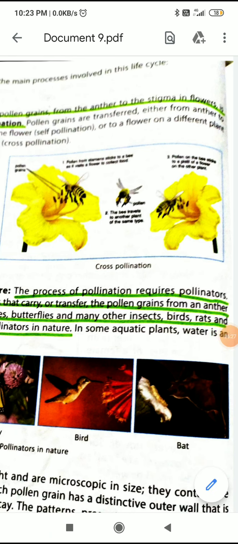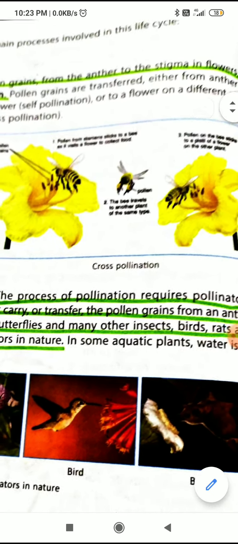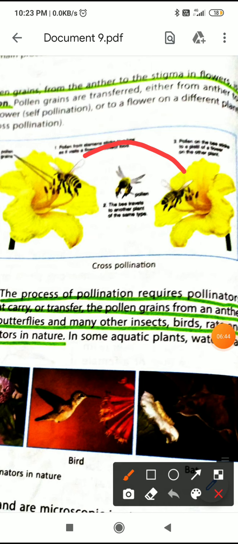So what are you finding here? Pollination is shown here by an insect. It means insects move from one flower to another flower. How? You see here the anther matures, and the pollen bursts out.